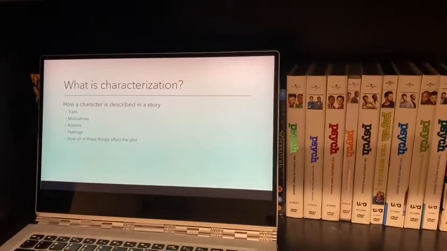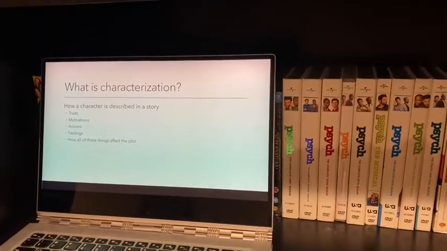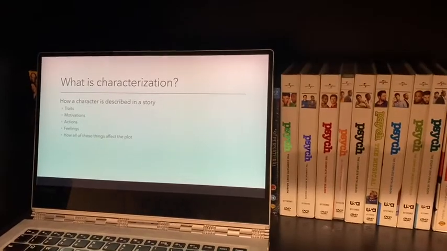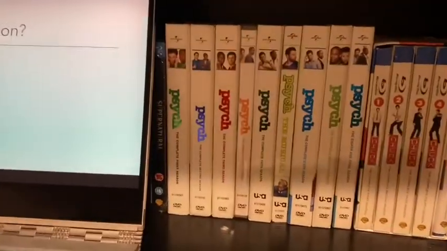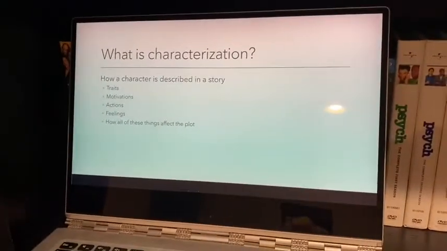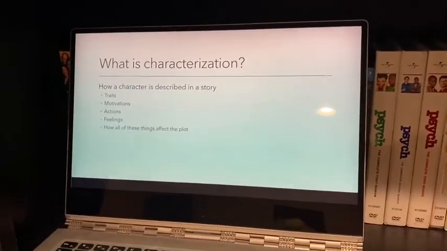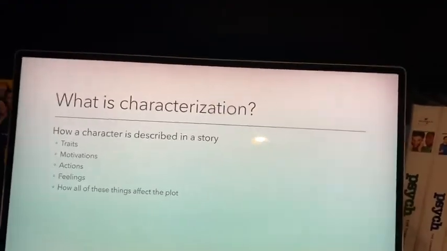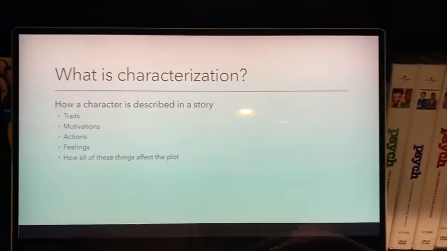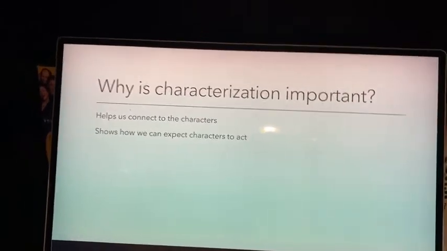It's traits, motivations, actions, feelings, and how all of these things affect the plot. Yeah, the characteristics that we give our characters will affect the things that they do. So we have to remember that while we're doing the story, that the way we characterize our characters will affect the plot in the way we want them to.